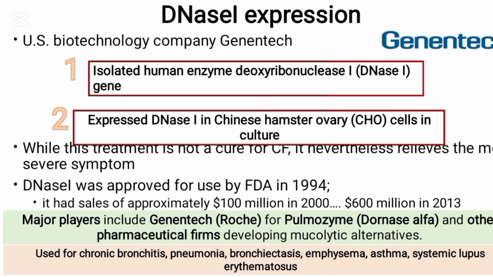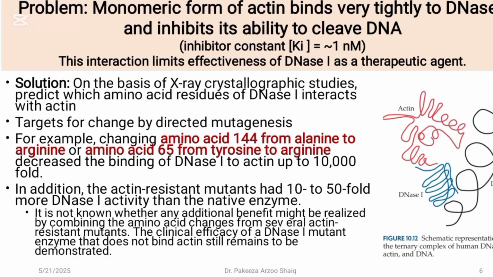Then there are many companies who are now marketing DNase 1. Genentech started marketing it under the name Pulmozyme, and there are many other pharmaceutical firms who are developing not only DNase 1 but also mucolytic alternatives. There was a problem which the scientists faced then: the native form of DNase 1 binds very tightly to the actin filaments within the cell.